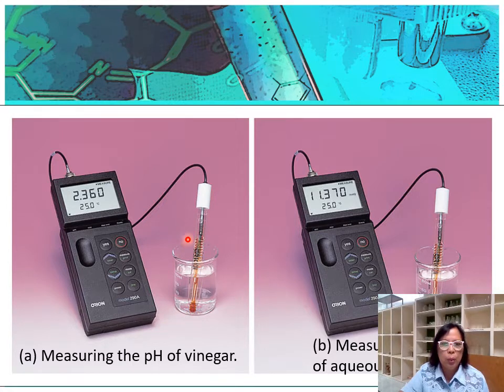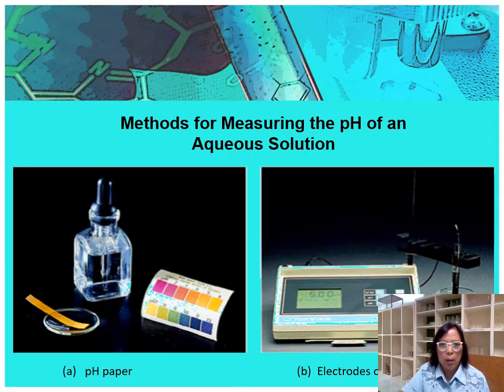Or one could be temperature, and the other one is the pH. Okay, there are different methods of measuring aside from the pH meter. You also have the pH paper. Of course, you also have the litmus paper.